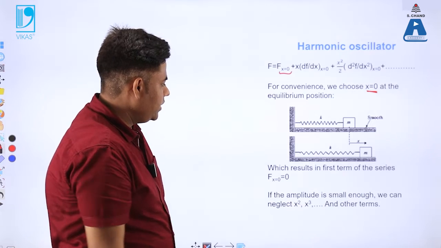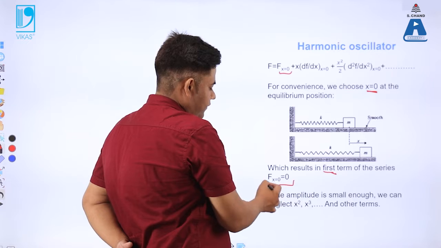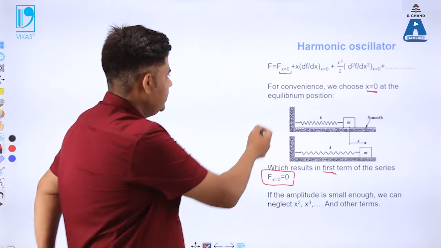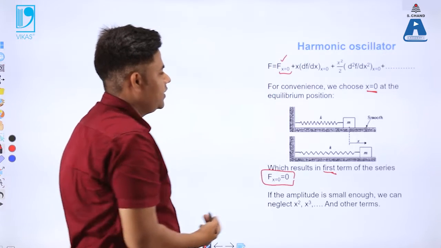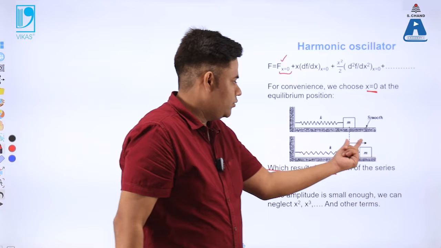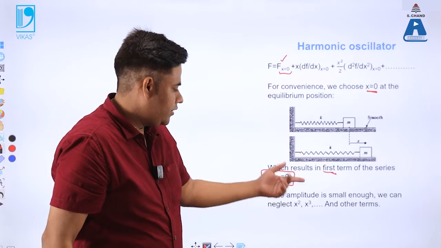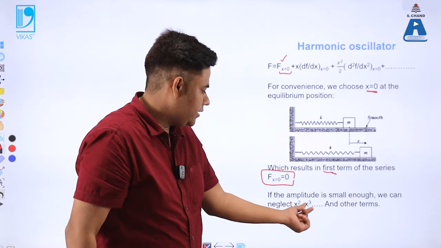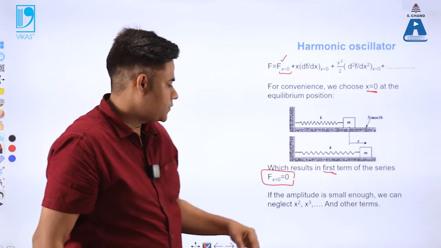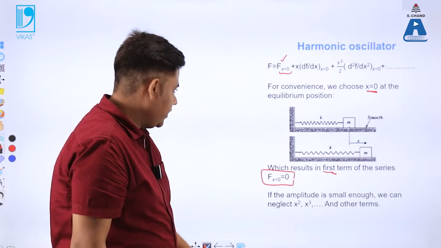What happens here is that the first term, f at x equal to 0, comes out to be 0. This amplitude is no doubt very small enough, so we neglect these x square, x cube or x power 4 quantities as very small quantities.